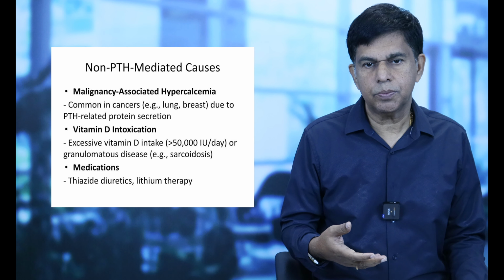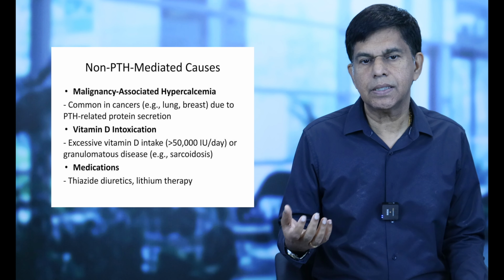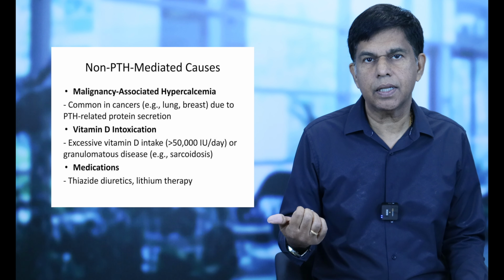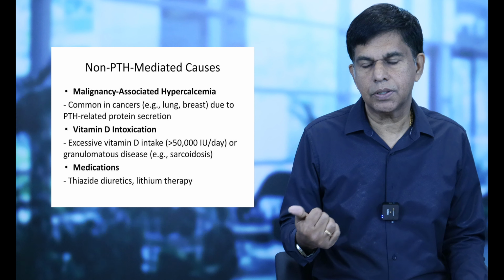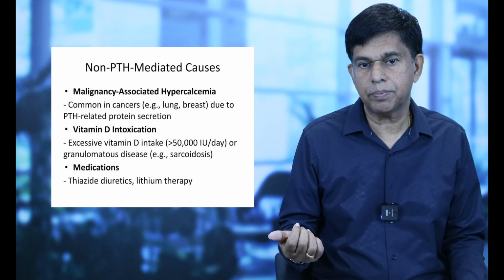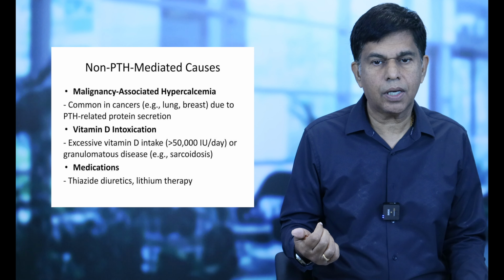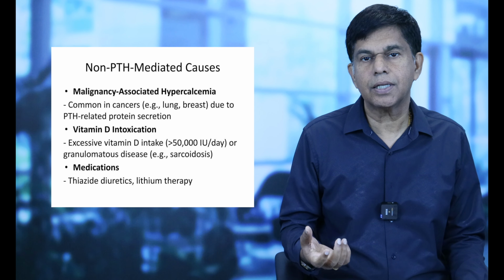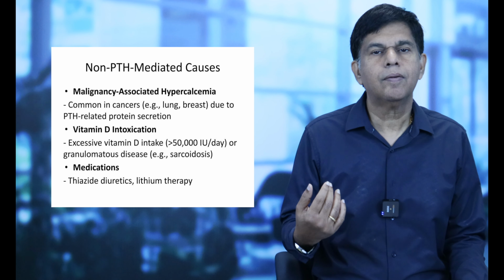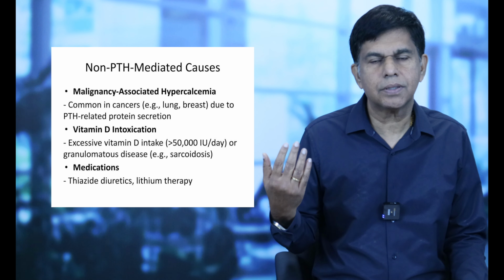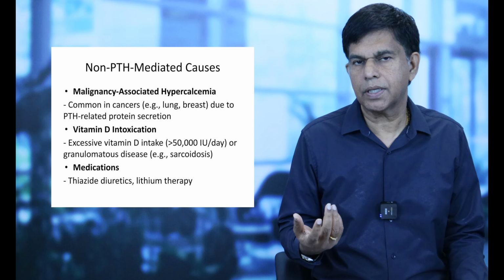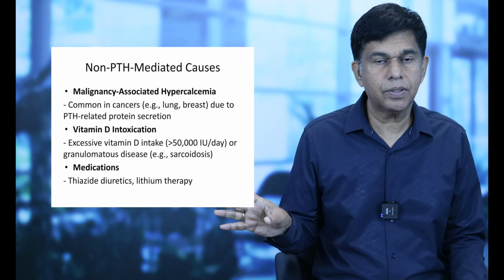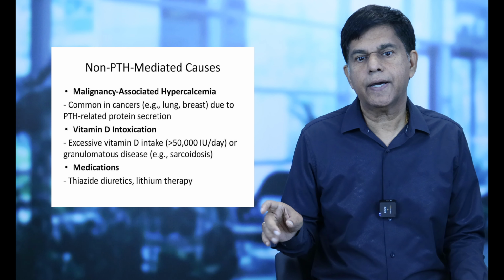Now non-PTH causes: malignancy, my friend, commonly lung and breast, with PTH-related protein secretion, so you have to check the PTH-related peptide. Vitamin D intoxication: a lot of people are loading up on vitamin D because somebody made a research and said if you take vitamin D your life is going to get better, but I'm not going to go into the details on that.